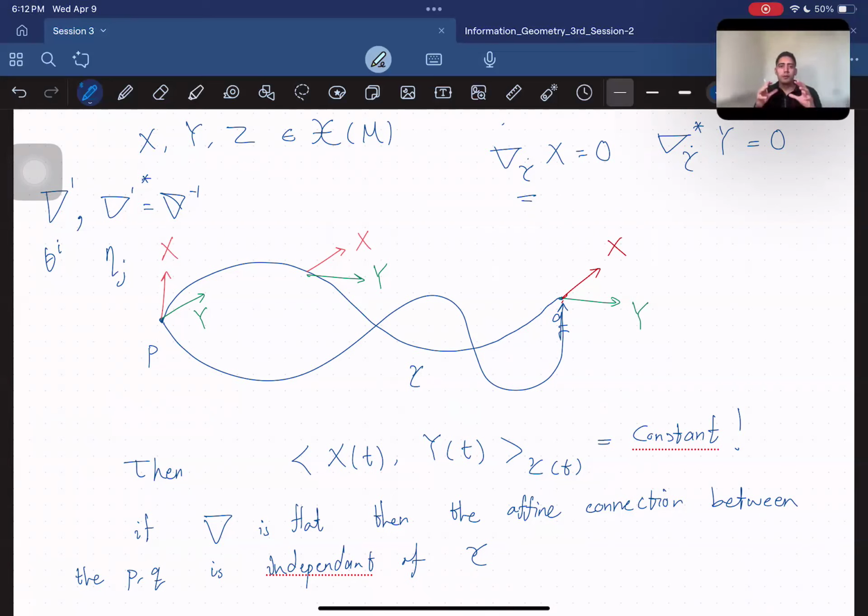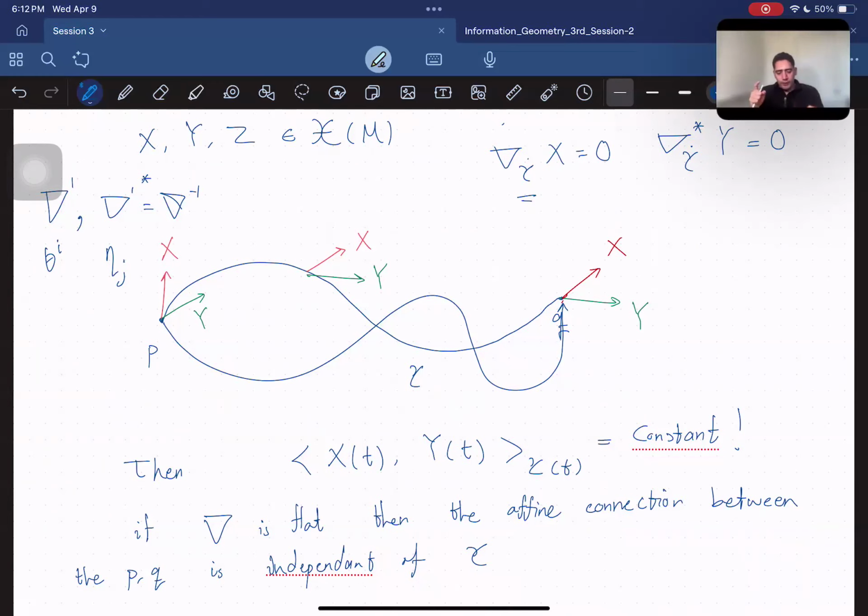That's where the connection, Riemannian geometry, and the Riemannian metric are all playing together. So if the connection is flat, then the affine connection between the two does not depend on the curve. You can go with whatever curve you want as long as you have flatness, because there's no curvature.